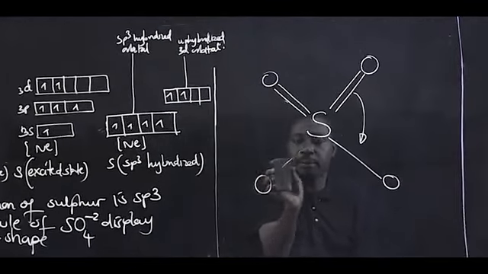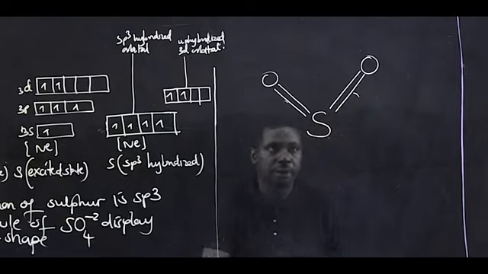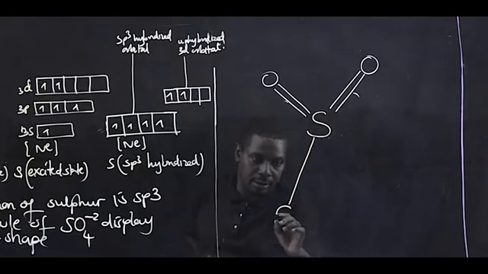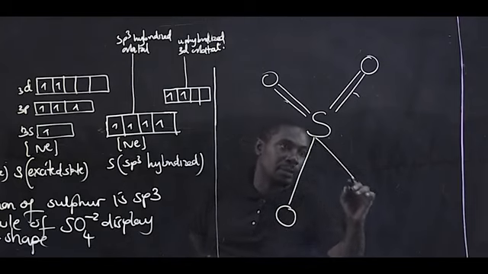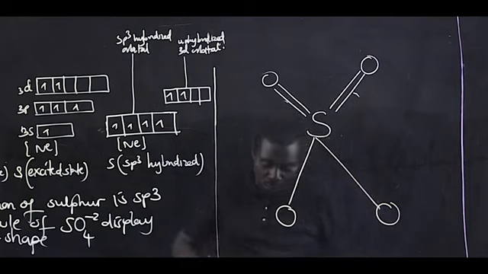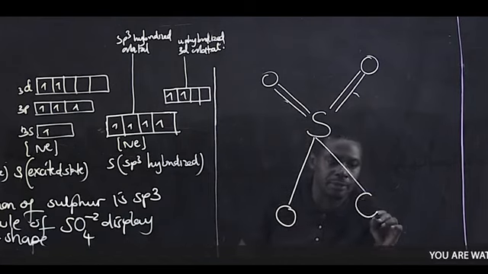That angular shape of the sulfate ion can be drawn as shown here.